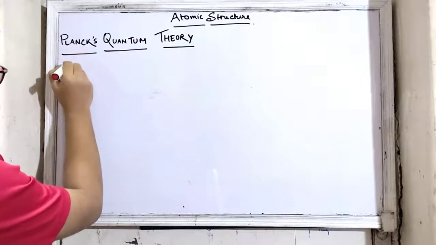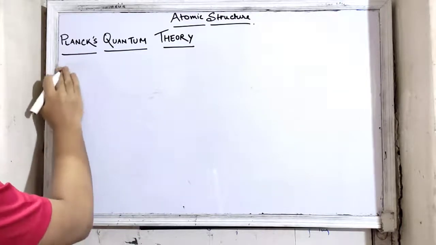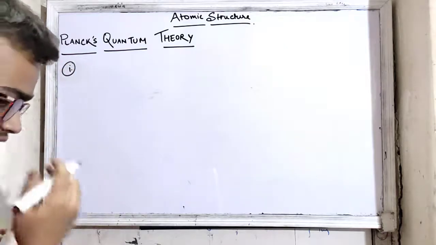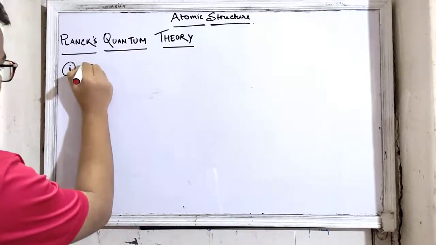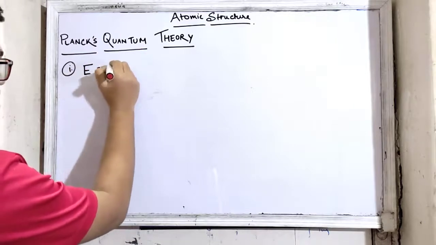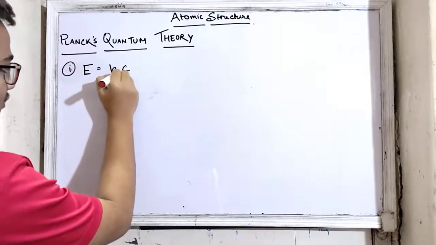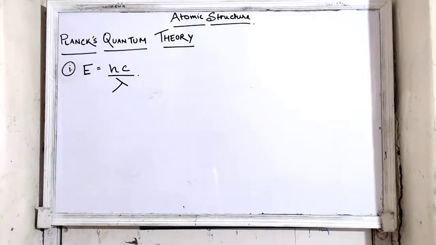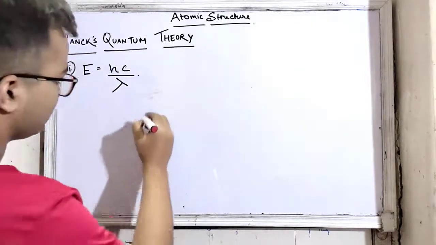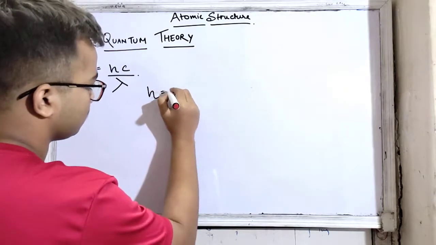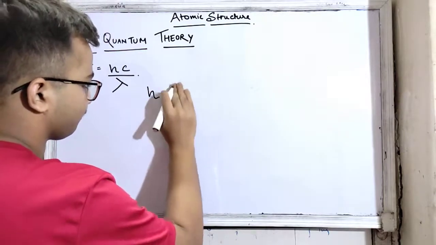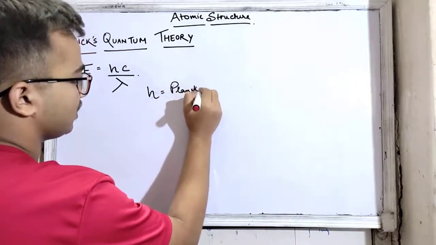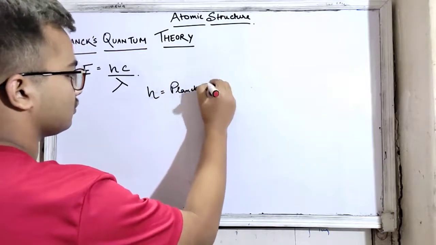The first formula in Planck's quantum theory was E equal to h c by lambda. What is h? h equal to Planck's constant.